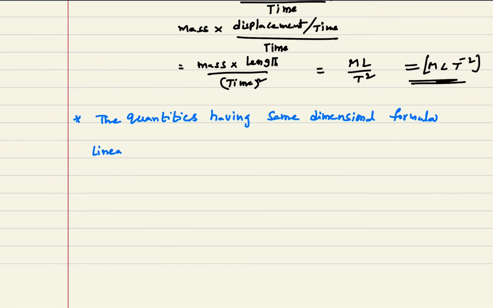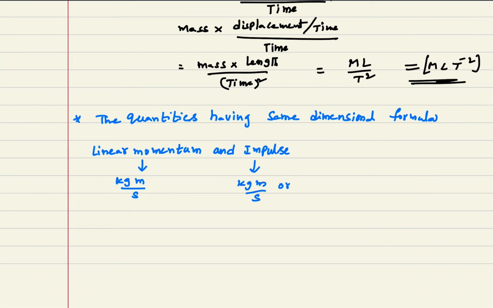If I take linear momentum and impulse: linear momentum you can write as kg meter by second. Impulse is also a change in momentum only.